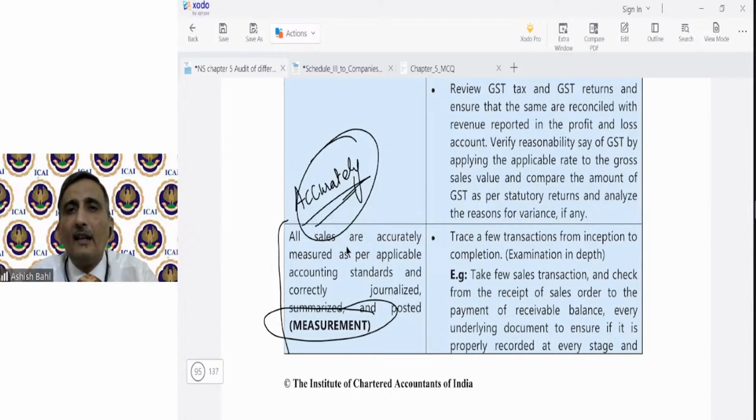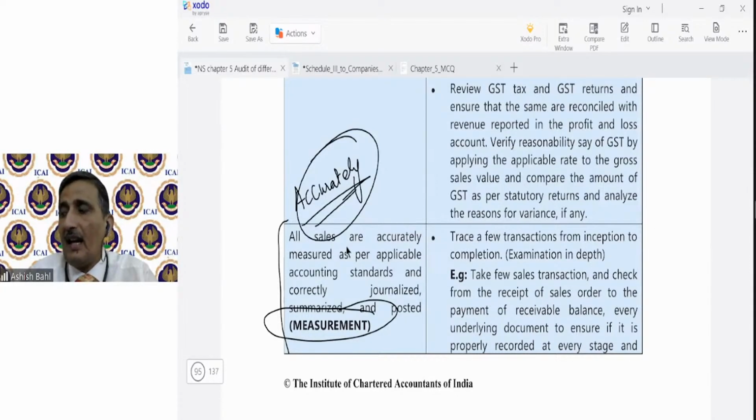You would be wondering that we have not read about measurement. Measurement is just another name of saying that sales have been recorded accurately and properly, and classified properly. So it relates to accuracy assertion. Okay.